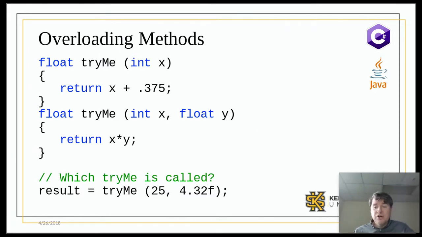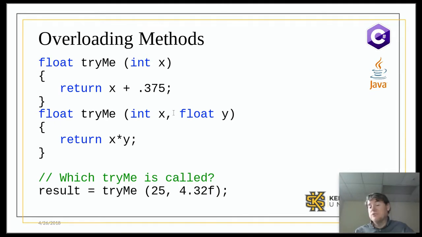Both C# and Java support overloading methods, and it is a useful way if you have two different calls that you might want to make with slightly different types, but that do the same thing. In this case, try me is kind of a vague term, but perhaps you want something that adds numbers. Well, the way that you add numbers may be different if they are two floats versus two integers.